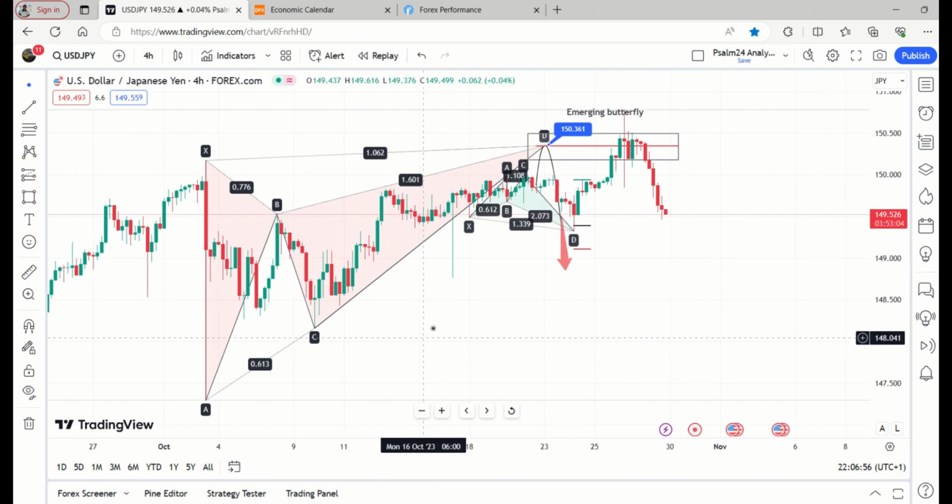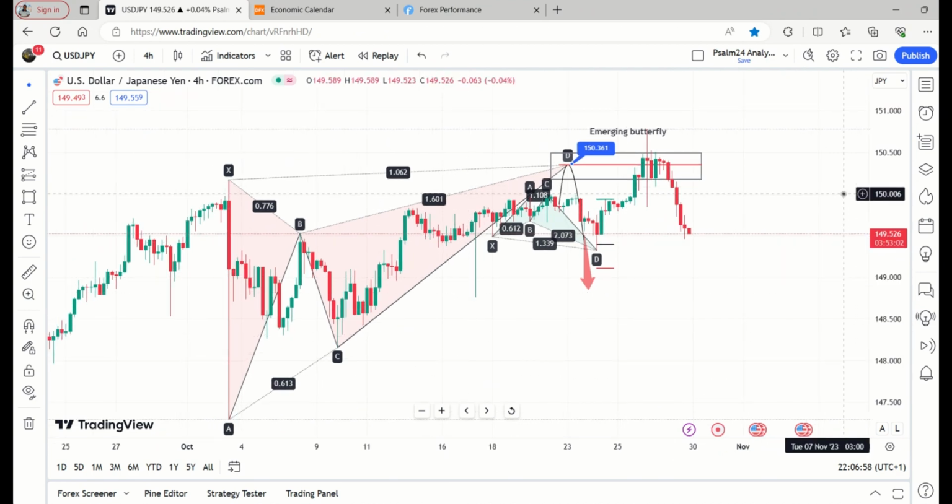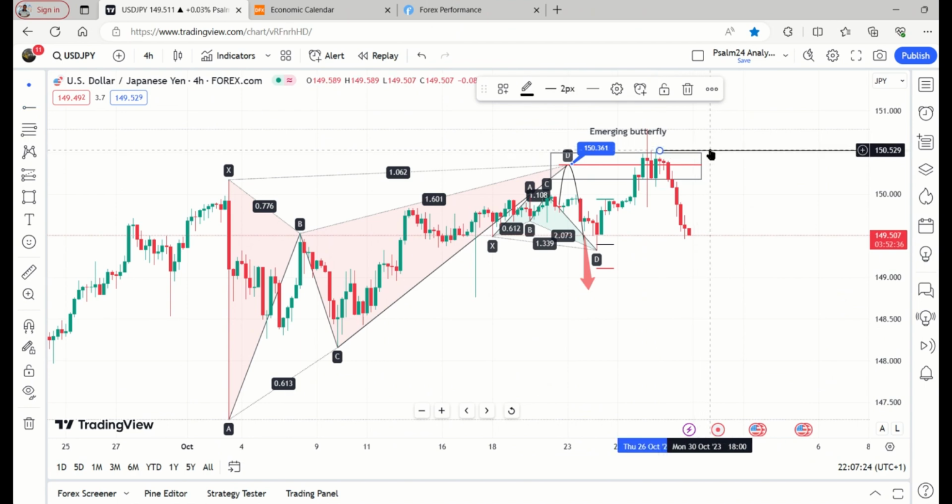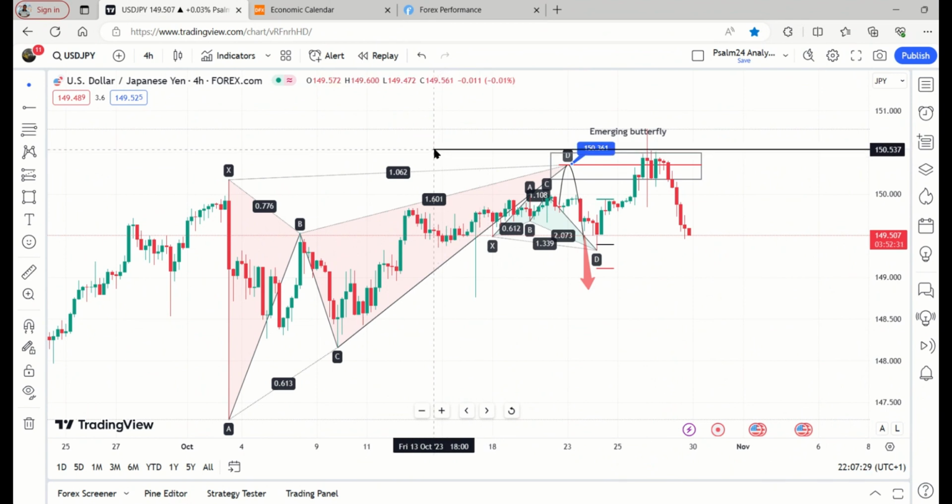And then for some people it could mean psychological zones. Psychological zones are round numbers, like 150 is a psychological zone. 150.5 is a psychological zone. You can see that it actually matches with the psychological zone here. So depending on your preference.